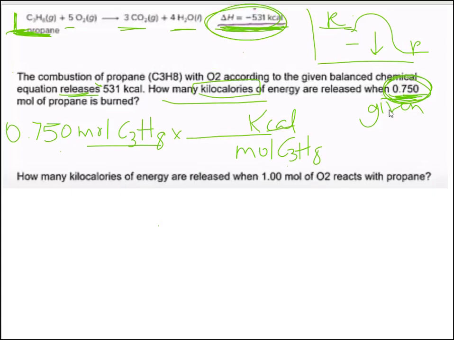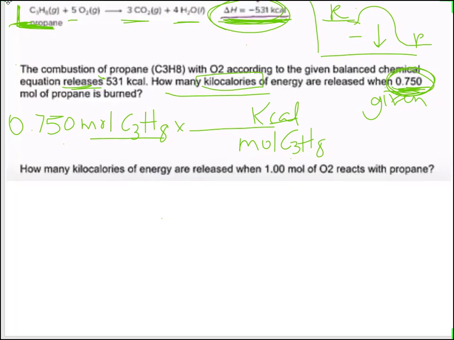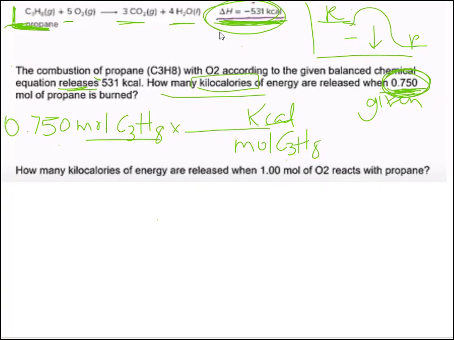Oh, we said that the kcal that we're given is negative 531 for every 1 mole of propane. Again, I just used that balanced ratio, right in front of the C3H8 is 1.